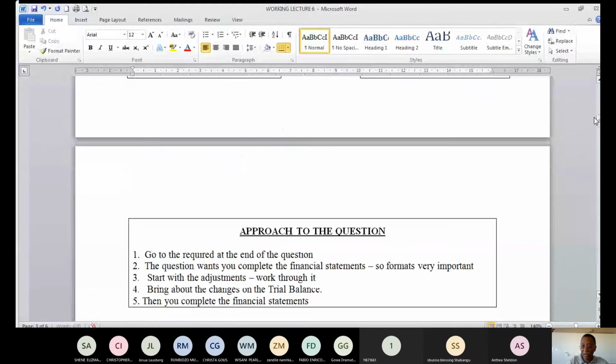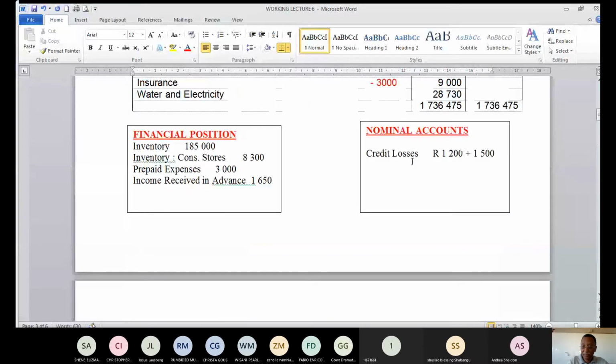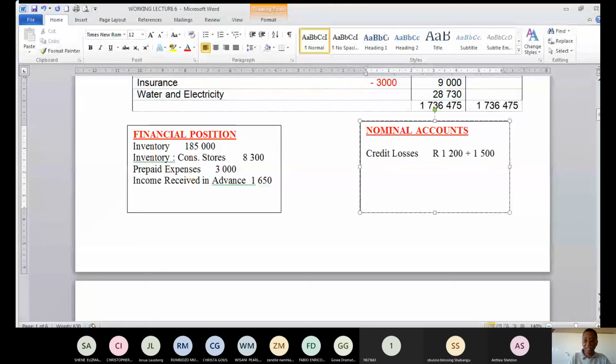So we can update our trial balance now. Under your nominal accounts, you will now have depreciation, and your depreciation expense for the year we have now calculated to be 23,200 Rand.